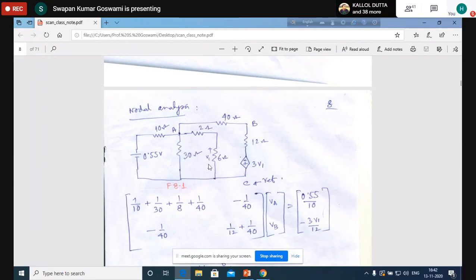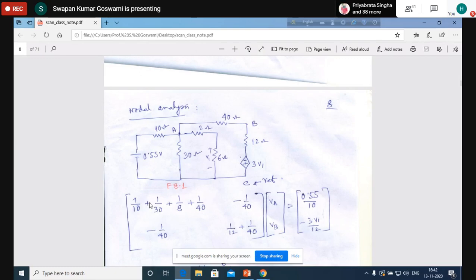For this circuit, we can write the matrix vector equation Y into V equal to I. This is the admittance matrix multiplied by the voltage vector, equal to the injected current.